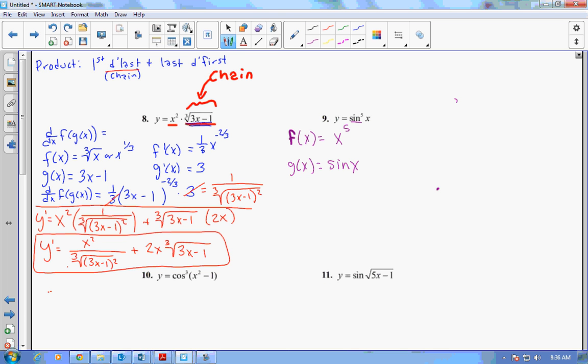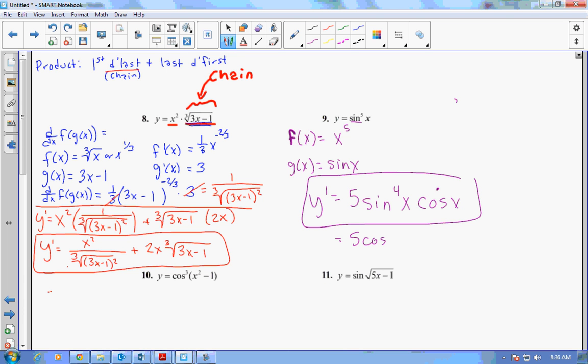So we get y prime is 5 sine x to the 4th times cosine x. Is that the same as saying 5 cosine x times sine to the 4th? Yeah, that's the same. It's the same. Commutative property, we can multiply in any order. Okay?